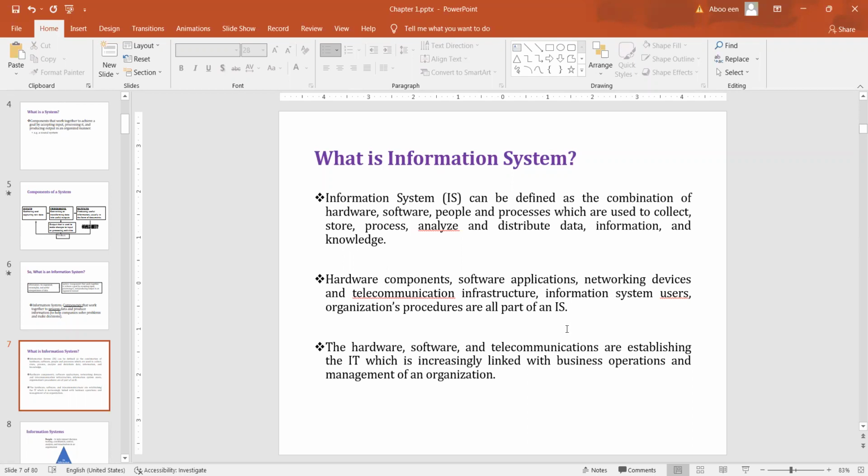What they are doing is accepting deposits from the customers, and they are entering some transaction information into the system. At the same time, customers are withdrawing their money.